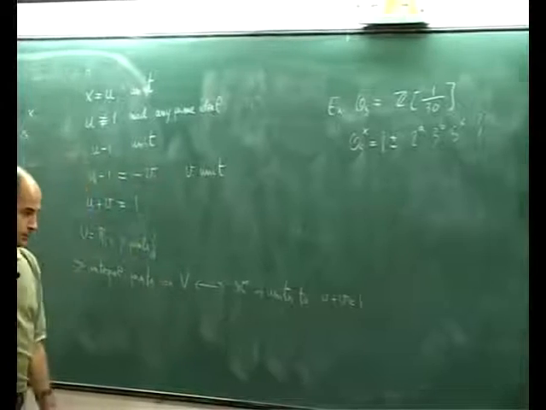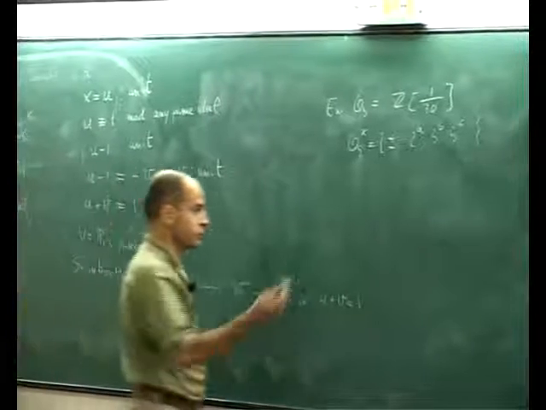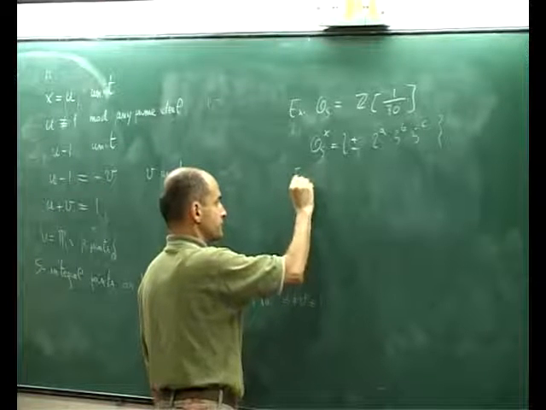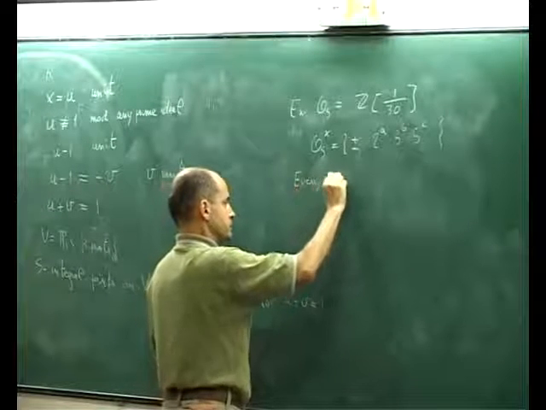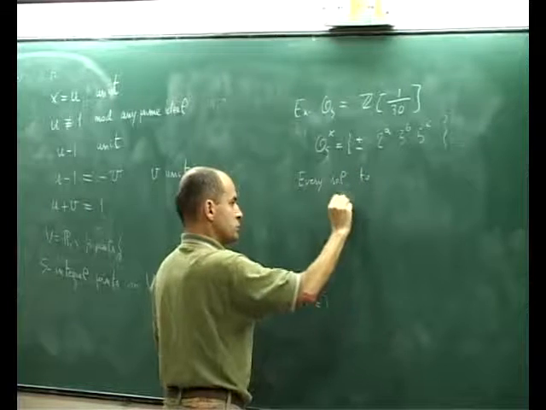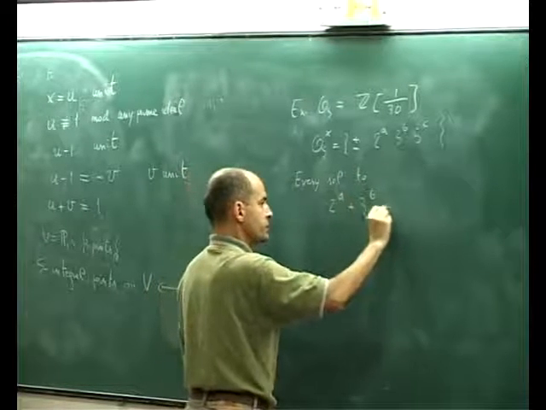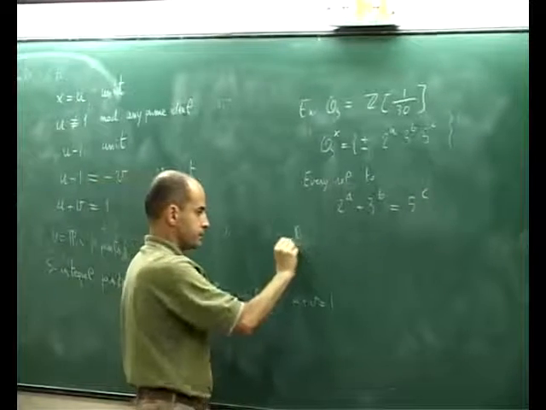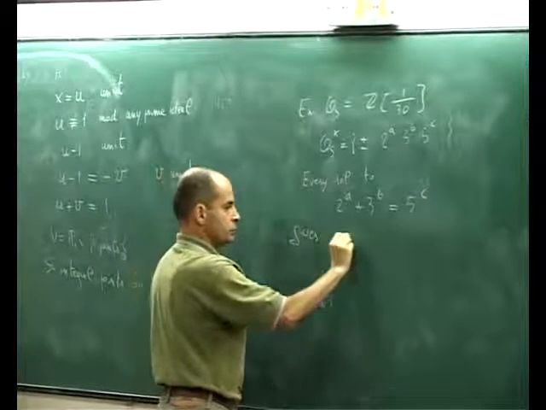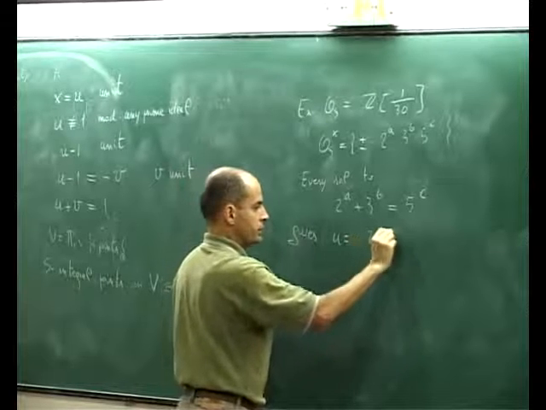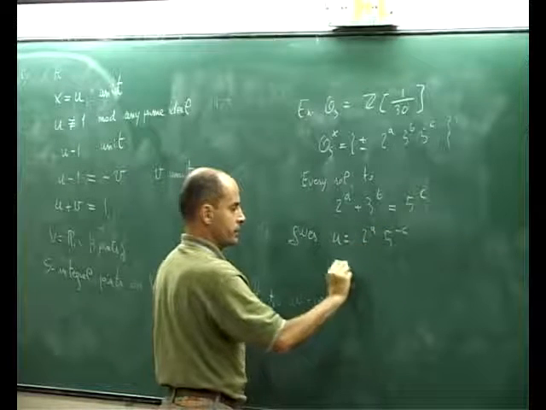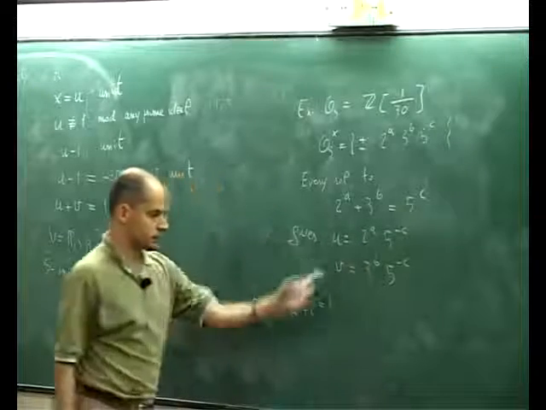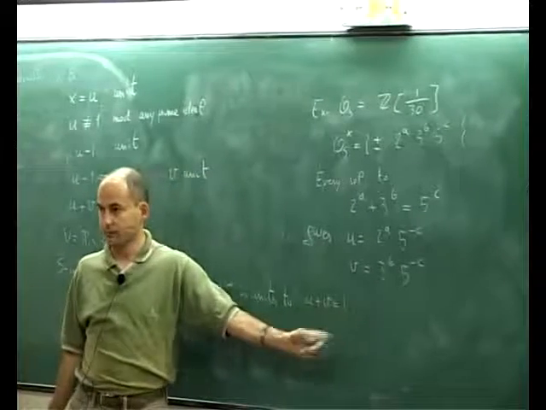So for instance, every solution to 2 to the a plus 3 to the b equals 5 to the c gives u equals 2 to the a times 5 to the minus c, and v equals 3 to the b times 5 to the minus c, a solution to this equation.